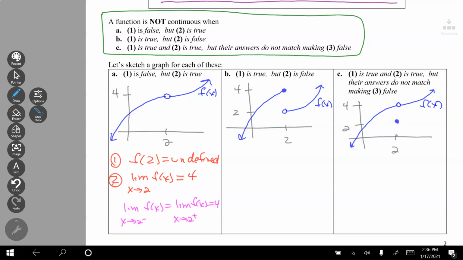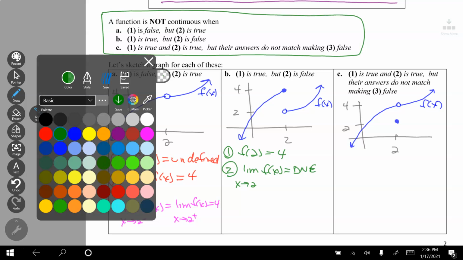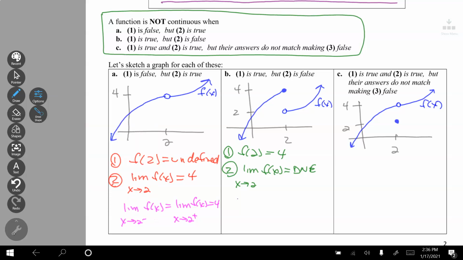Okay, the next one, let's see if it's true. Well, the value is true at x equals 2. I do have a solid dot, so f of 2 is equal to 4. But the limit as x approaches 2 of this function is DNE, so part 2 is false. You can see that the left side limit as x approaches 2 from the left of the function is equal to 4.